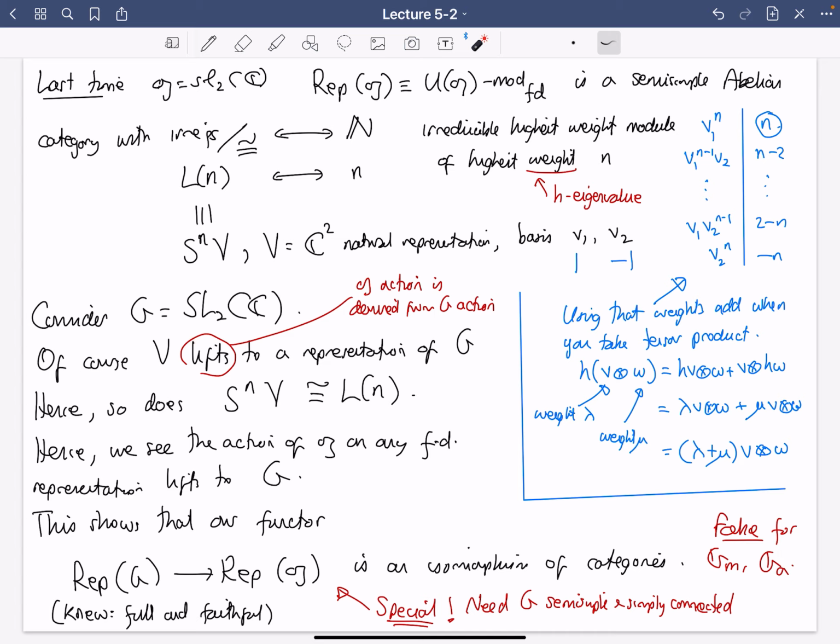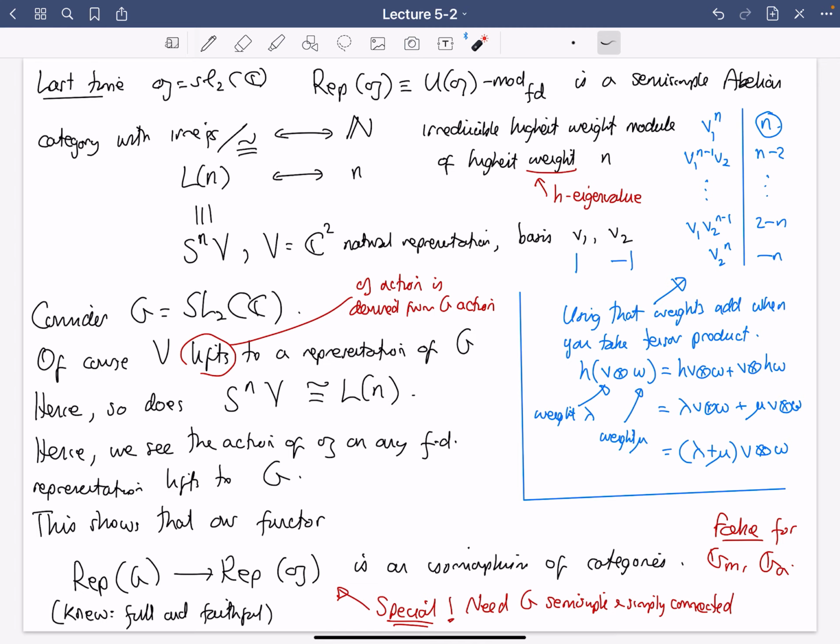And already you see that the module V doesn't lift to PSL2, because minus the identity acts on V as -1. So this action of the group SL2 on its natural representation just doesn't descend to an action of PSL2, because the center doesn't act identically on it.